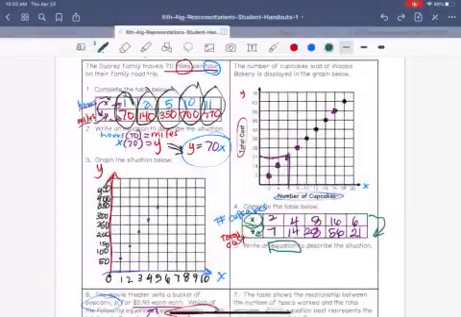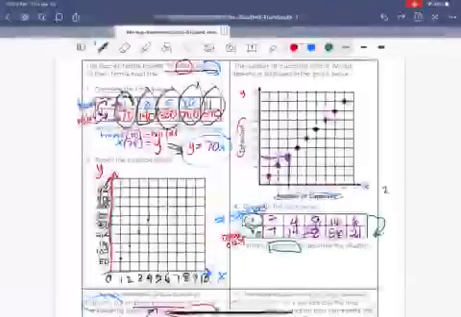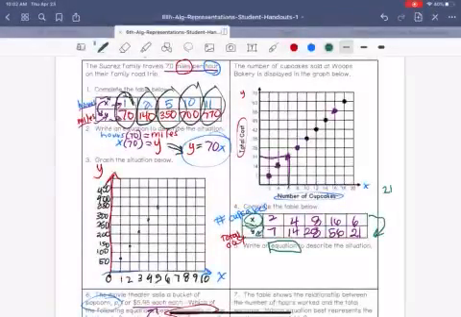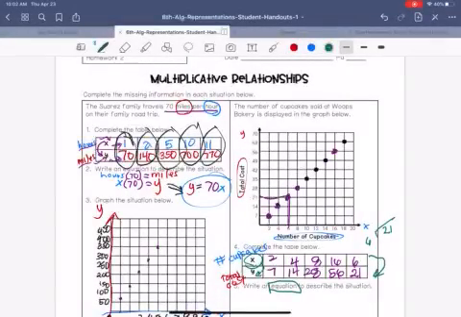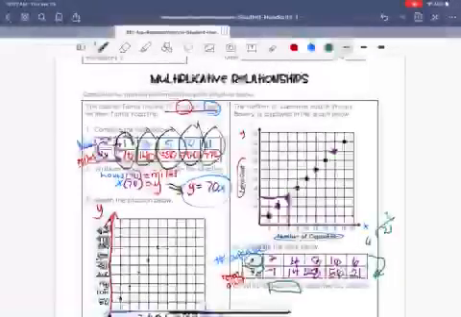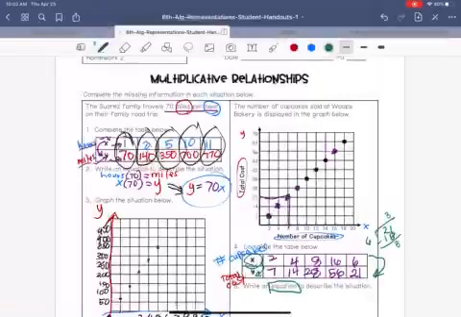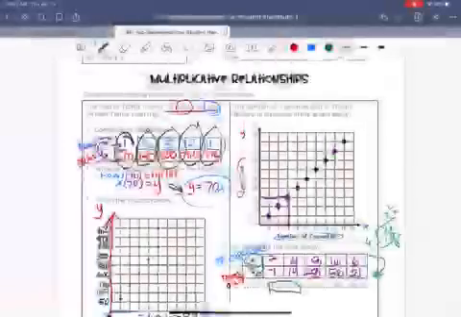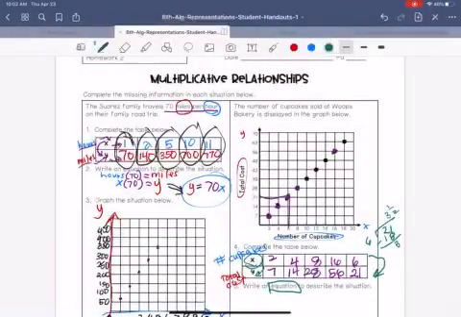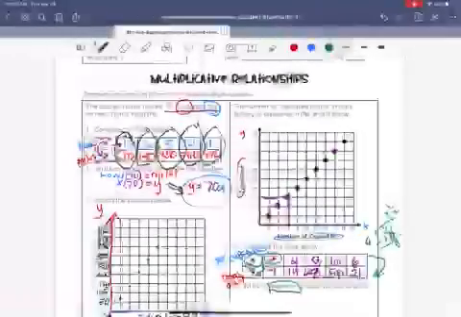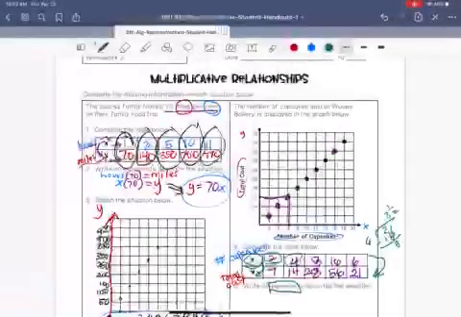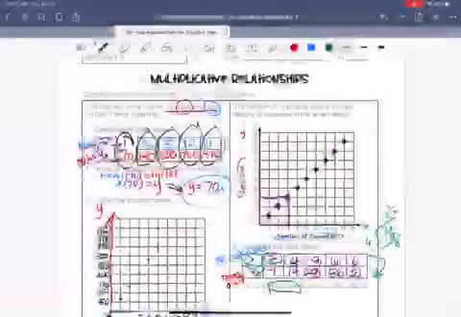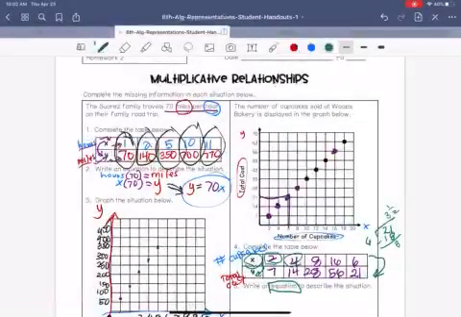Now, I know it. You may not know it. But if you didn't know it, all you need to do is figure out how many groups of x are in y. So we're just going to divide, and we will get 3 and a half. Okay? And we can check that. 2 times 3 is 6, plus half of 2, which is 1, is 7. 3 times 4 is 12, plus half of 4, 2, is 14, and so on.